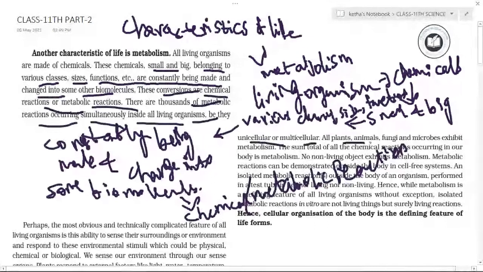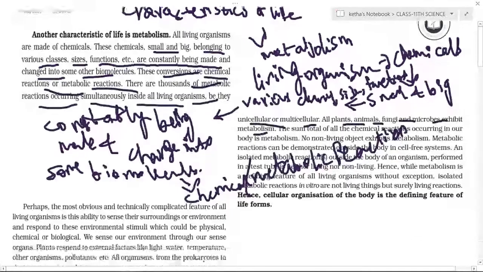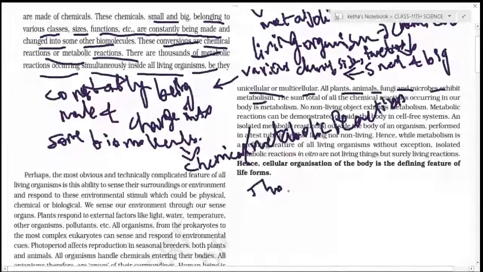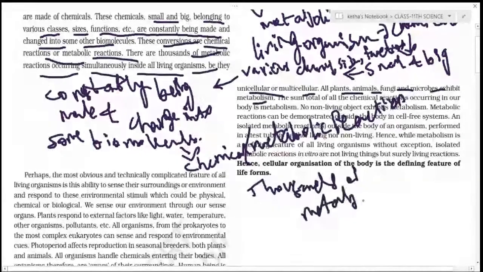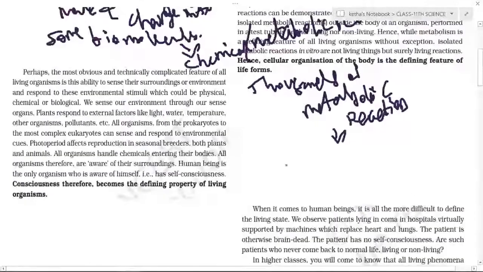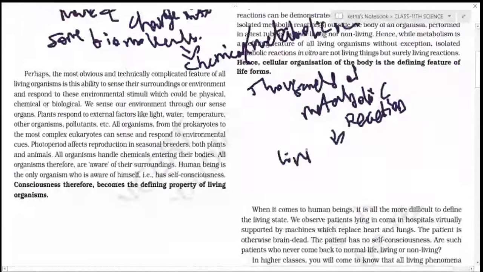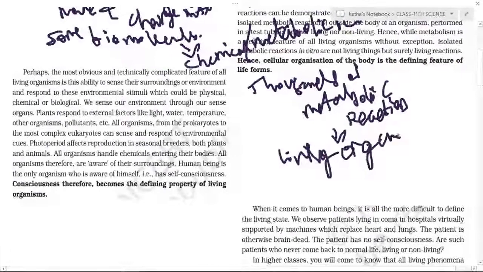All plants, animals, fungi, and microbes exhibit metabolism. Thousands of metabolic reactions are taking place inside a living organism.